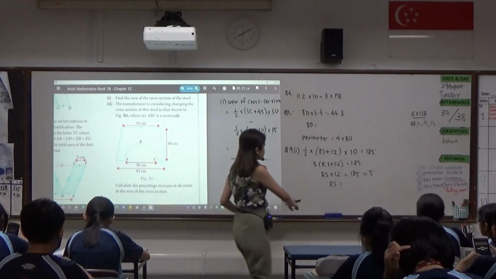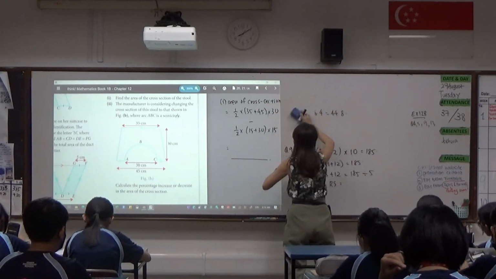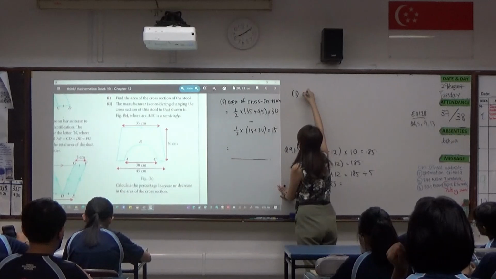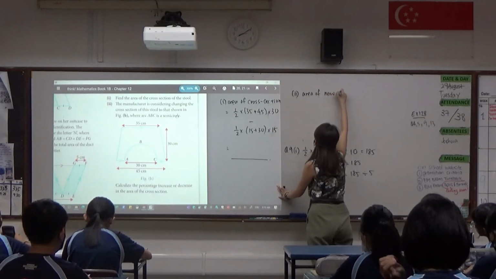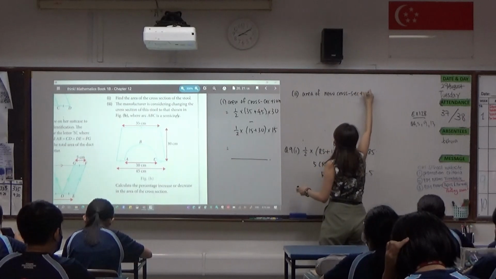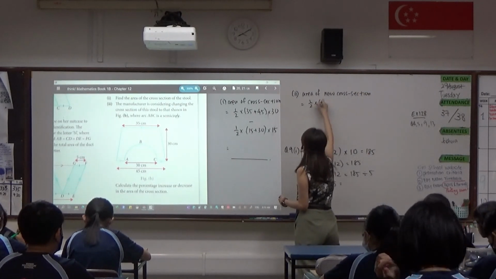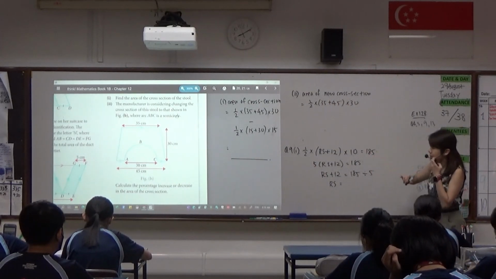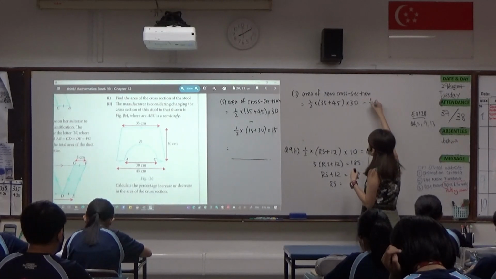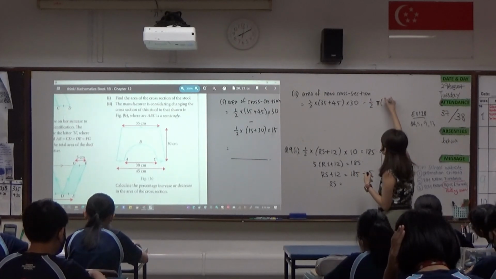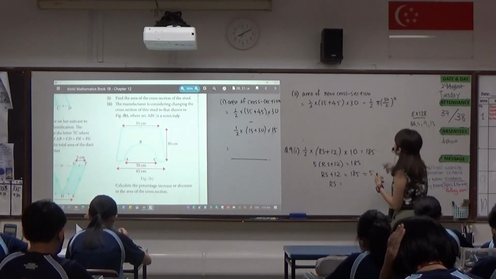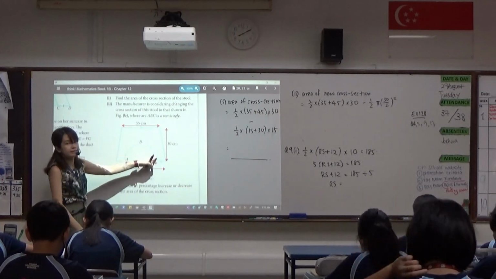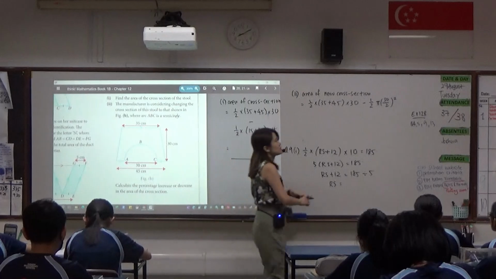So the area of the new cross section will be to take the original trapezium minus away half times pi r squared, taking note that the radius is 30 divided by 2 because what we're given is the diameter, and of course this is a semicircle, that's why we take half times pi r squared.